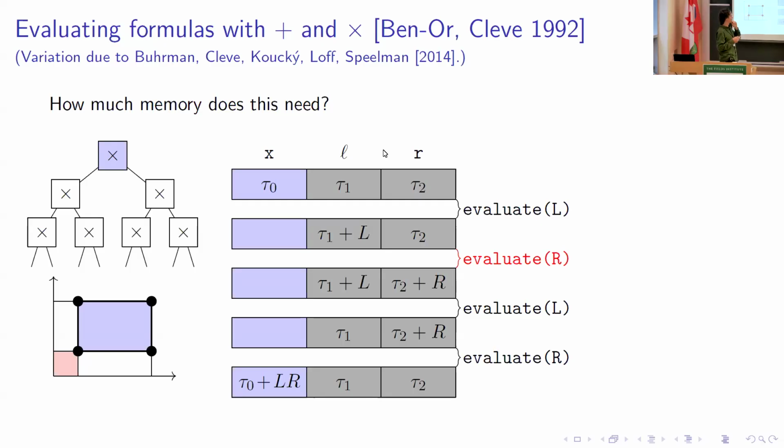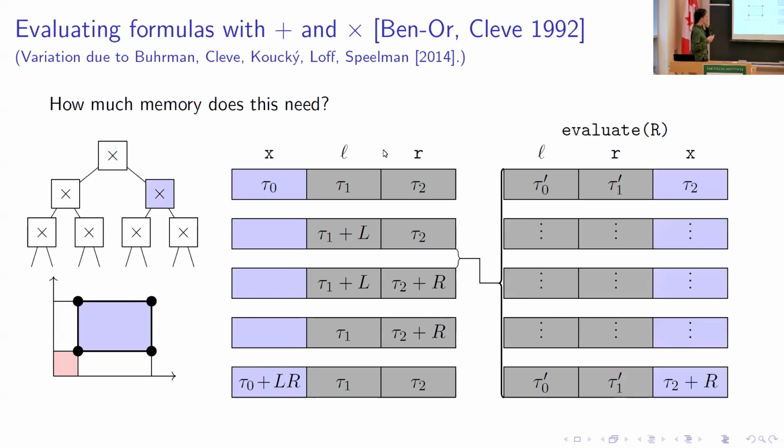So there are 4 subroutine calls going on here. Let's zoom in on the second one, where this subroutine is responsible for replacing tau 2 with tau 2 plus R, so evaluating the right child. So to implement that, we're actually going to reuse the same 3 registers, except since we've been asked to put our output in the 3rd register, I'm going to relabel them. I'm going to call that register X, and then I have 2 other registers, so I'm going to call those L and R. Now, at this point in the program, these memory locations have some arbitrary values in them, but that's fine.